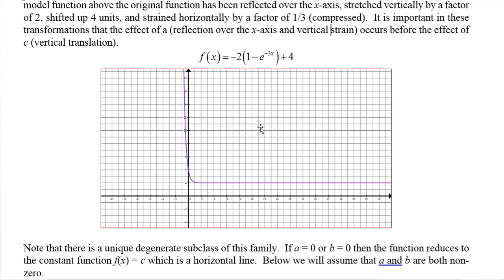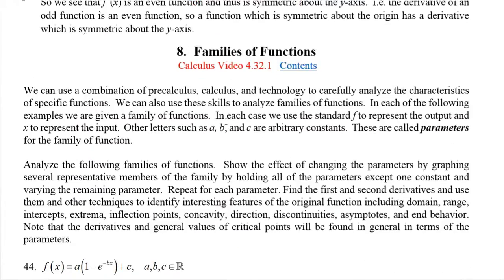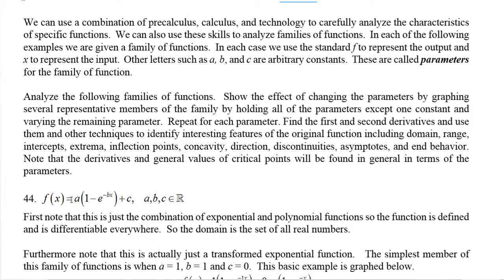Now, next, notice that there is a degenerate subclass of this family. So if you go back up here, and you either let a be 0 or b be 0, this thing reduces to just y equals c. To see that, if a equals 0, it doesn't matter what this is. All this stuff times 0 is 0, and 0 plus c is c.